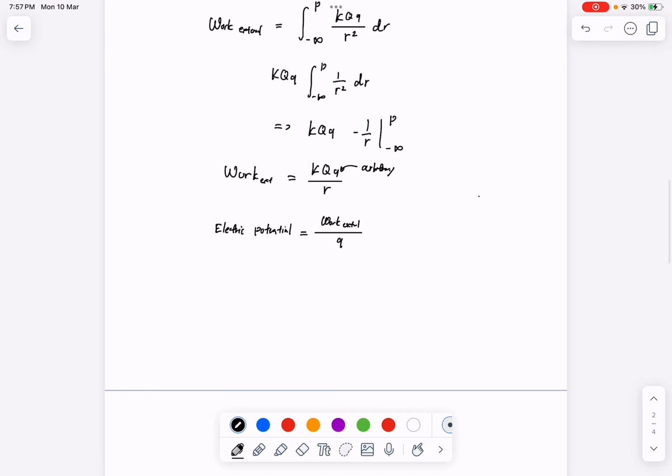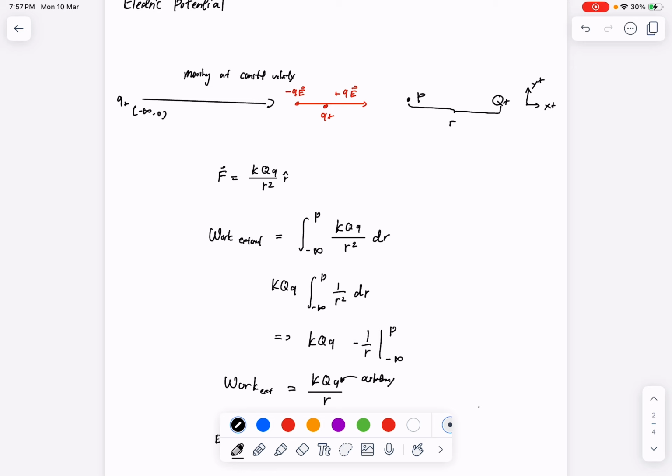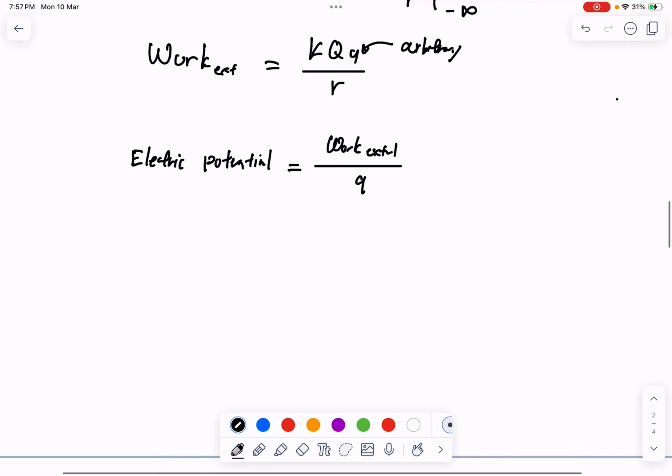So if I want to define electric potential in terms of the electric field that a test charge is sustained in, first, let me back up a little here. This is KQ over R. We divided by q.